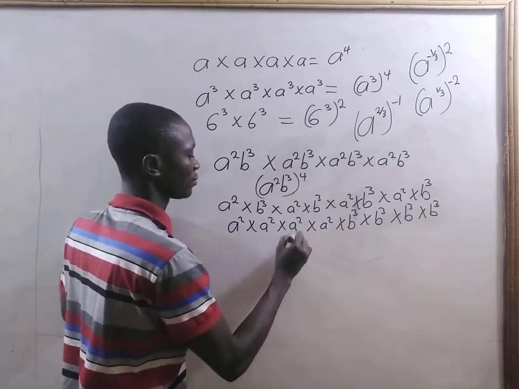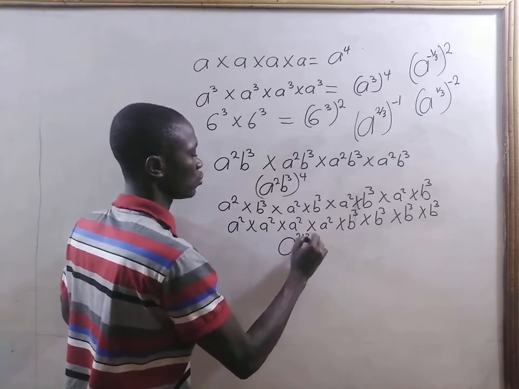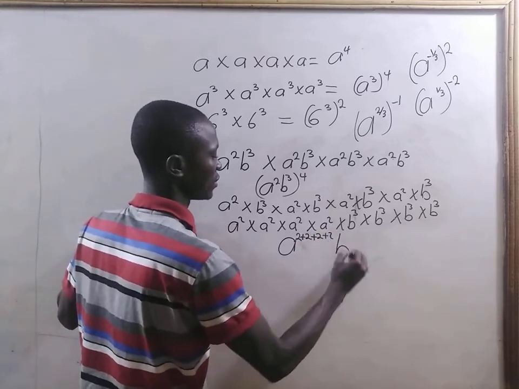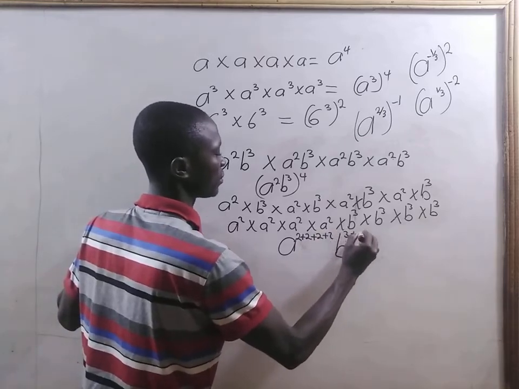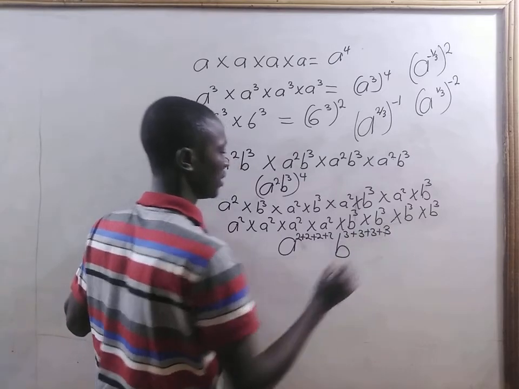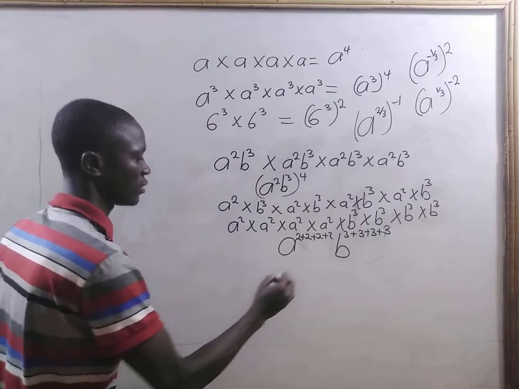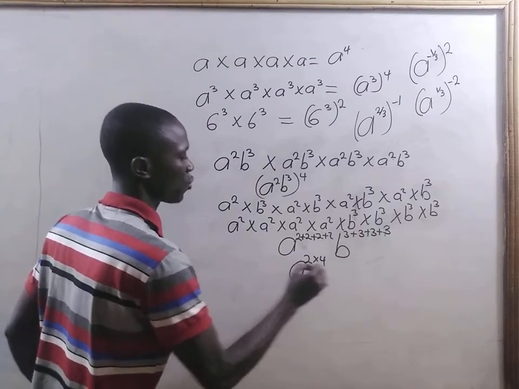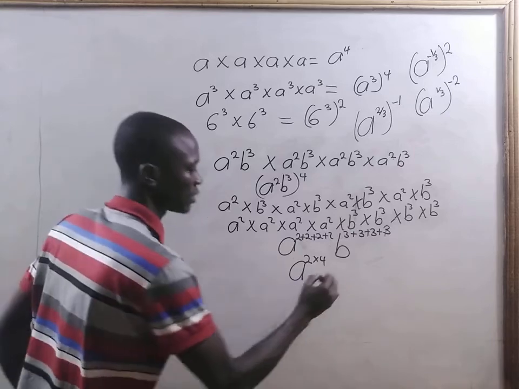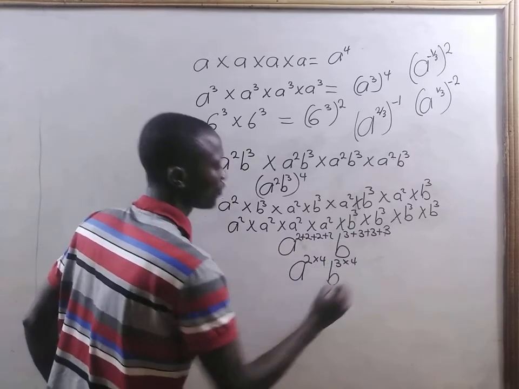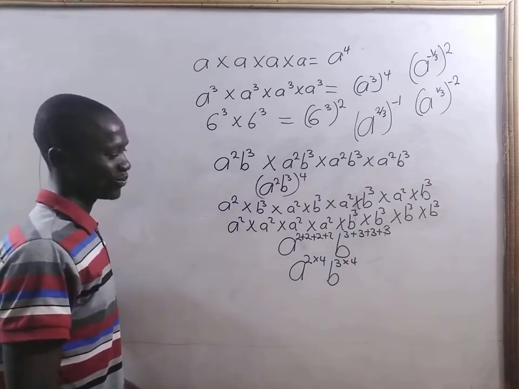So let's do that one. 2 plus 2 plus 2 plus 2. Then this one gives us times b: 3 plus 3 plus 3 plus 3. And what are we going to get? We are going to get a 2 times 4. That is 2 adding itself 4 times, and b power 3 adding itself 4 times. Wow!